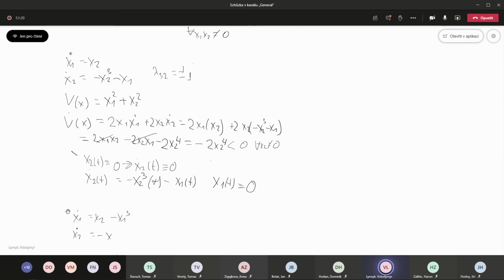Oh, sorry. Global asymptotic stability. Yes, yes, yes. In this step, we can say that this system is globally stable.